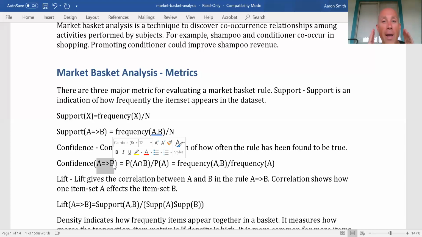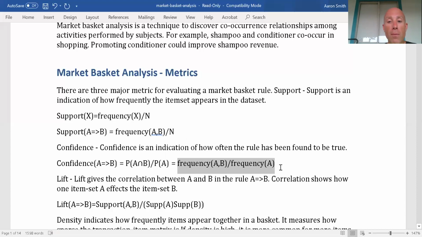So on their phone, we could send them a coupon saying, hey, we have a discount on the ketchup that you love. That way they're more prone to buying a full bottle of ketchup instead of using the bottle sitting in the refrigerator, and thus we make more money. This will be the frequency of A and B divided by the frequency of A, which is how we compute the empirical probability.